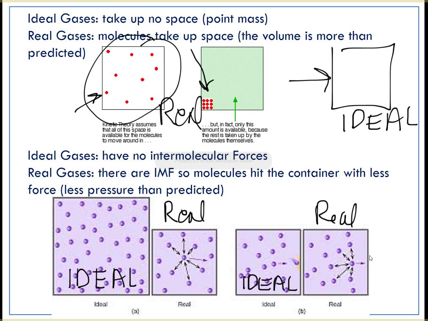As they're close, it's a little bit sticky, but then as they pull themselves apart because they hit each other with such force, those intermolecular forces go away. So this concludes ideal gases versus real gases. Again, you want real gases to behave like ideal gases by having a high volume or a low pressure and having your temperature high. You want to keep those gases in the gas phase.